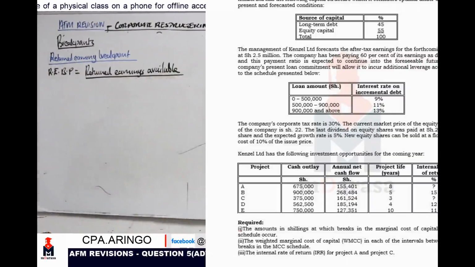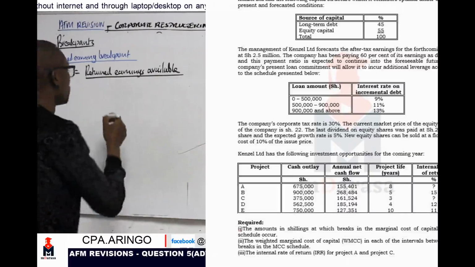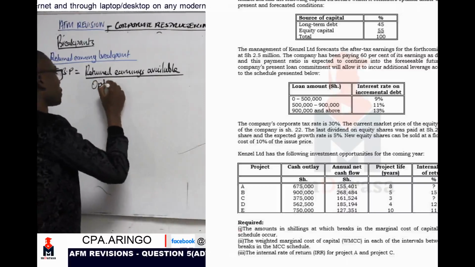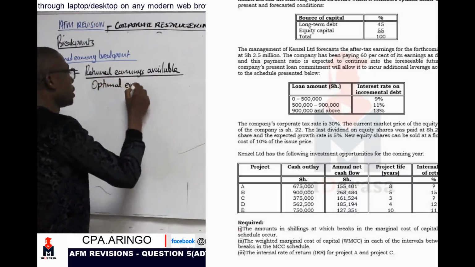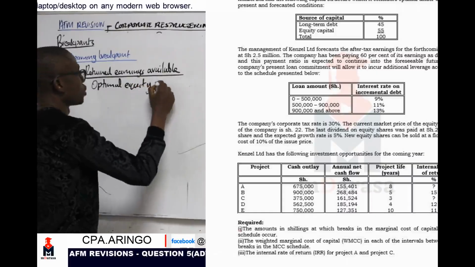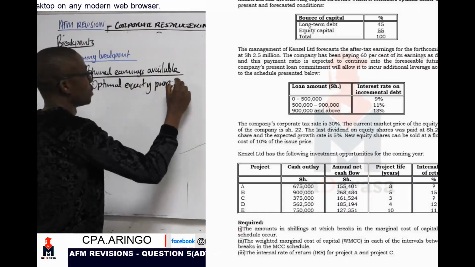New projects, right? So retained earnings available. Then what are you going to consider next, my good students? You're going basically here to divide by our value, which we are having what? The optimal equity proportion.